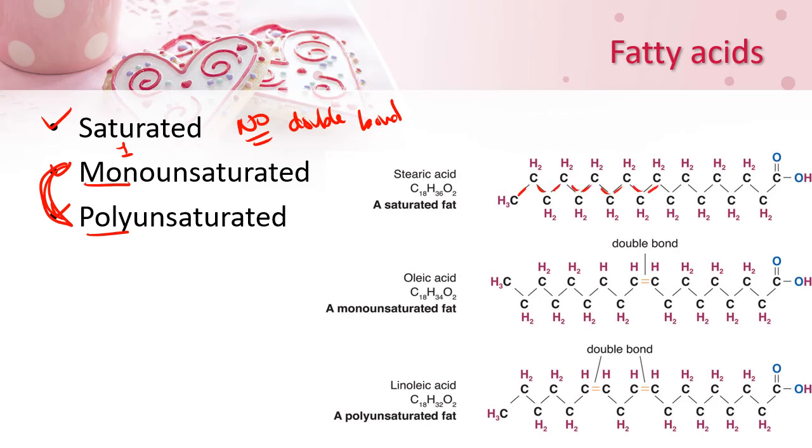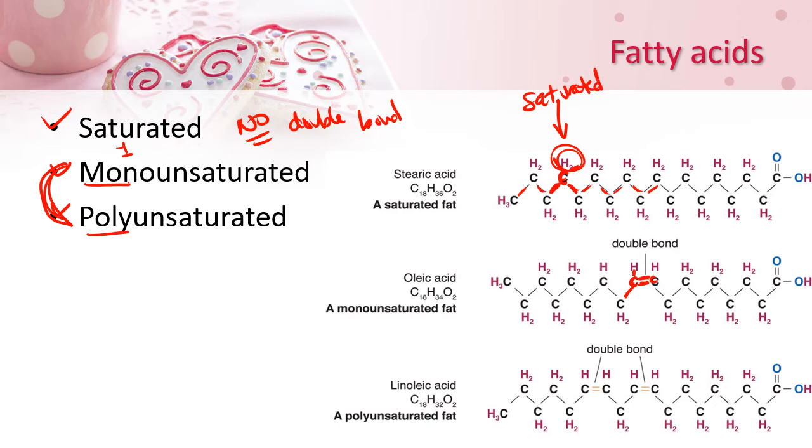Remember that carbon has a valence of 4. So each one of these carbons is bound to 2 carbons and also 2 hydrogens to get to those 4 bonds. If I throw a double bond into my carbon chain, so I put a double bond between two carbons, now this carbon has 1, 2, 3 bonds with carbon. It only needs one H instead of 2. We call these guys saturated because they are as full of hydrogens as possible.